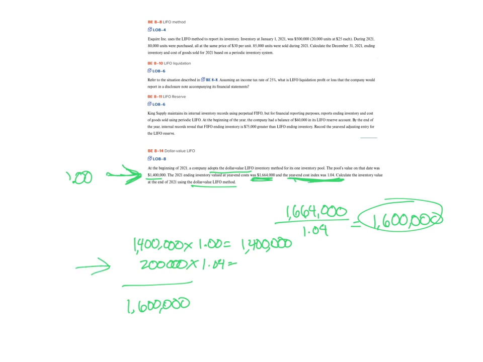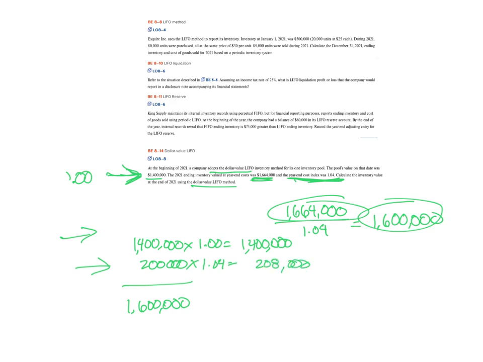Notice that this 200,000 simply represents the increase in quantity. The reason we couldn't just take 1.664 million and subtract 1.4 million is because that would include inflation, a change in value, not just an increase in quantity. The goal is to get the increase in quantity, not the increase in dollars overall, which would include inflation. So we have 200,000 multiplied by 1.04, which gives us 208,000.